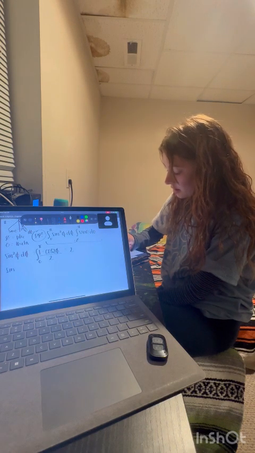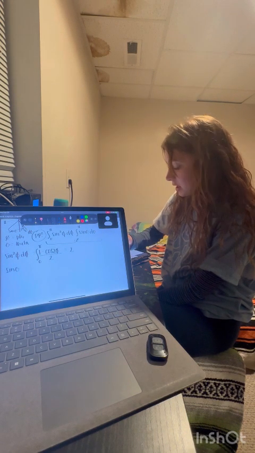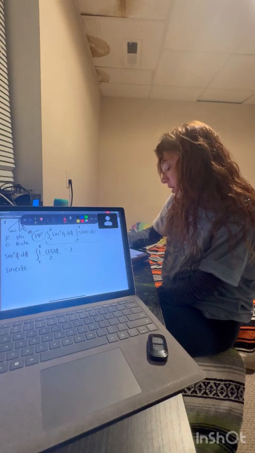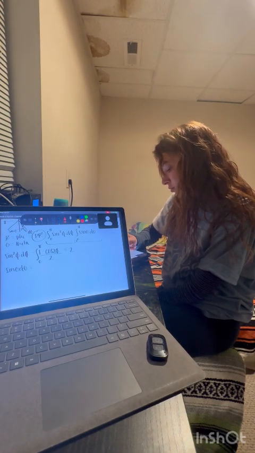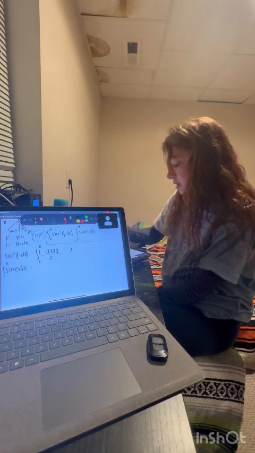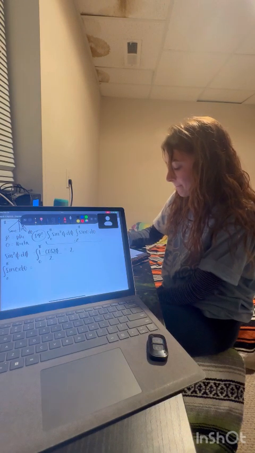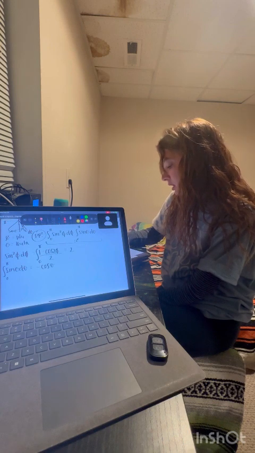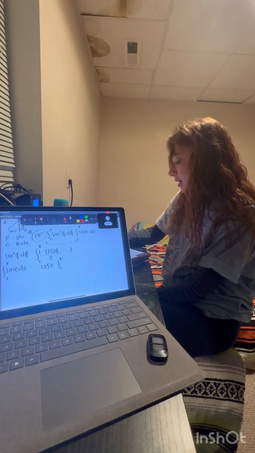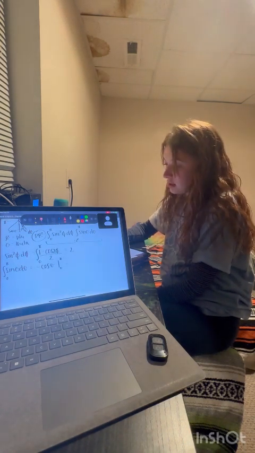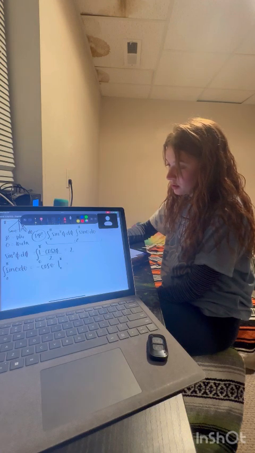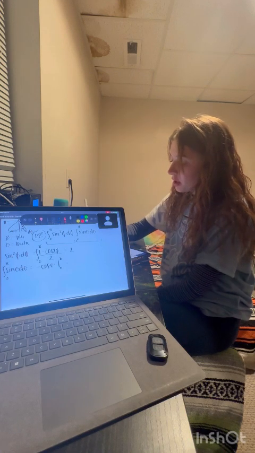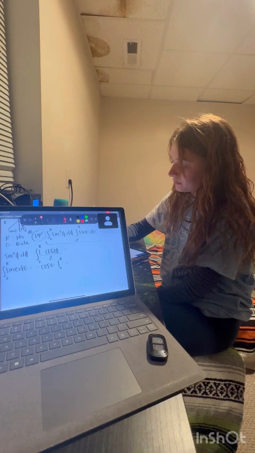And then this one's a bit easier, sine theta d theta is going to be equal to negative cosine theta from 0 to pi, which is equal to, no, I think I got them mixed up.